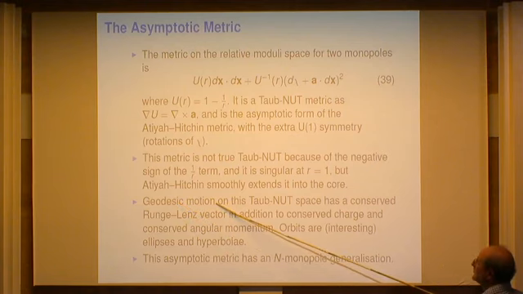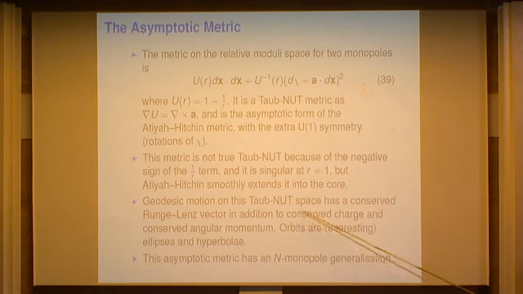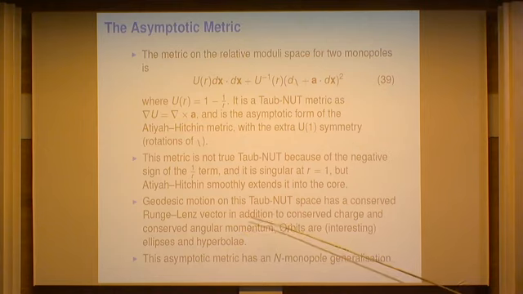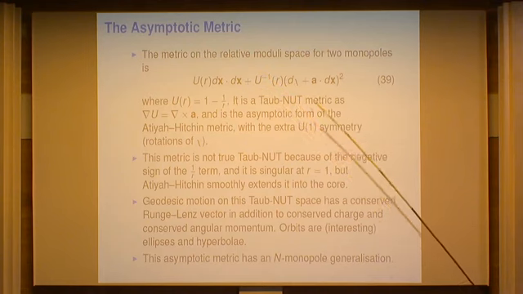But like for true Taub-Nut, you can study the geodesic motion, and remarkably, it's got the obvious conserved quantities, which is electric charge, that was kind of built in, and it's got a conserved angular momentum because of rotational symmetry, but curiously, it's got a conserved Runge-Lenz vector. And so it's a kind of Coulomb type problem with a Runge-Lenz vector, and the orbits are closed.